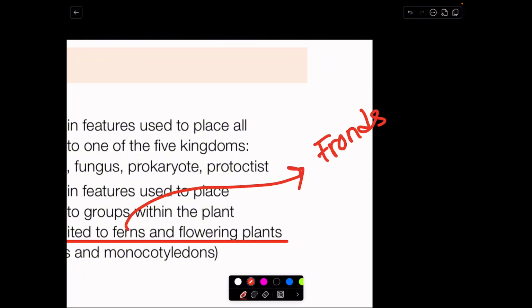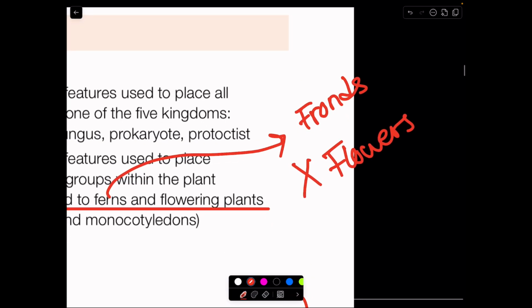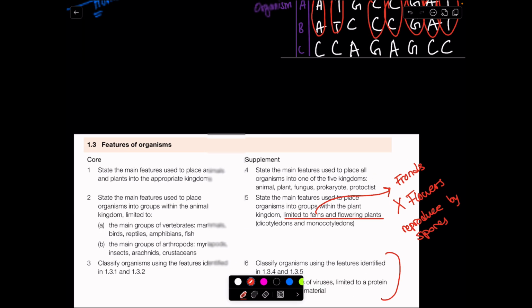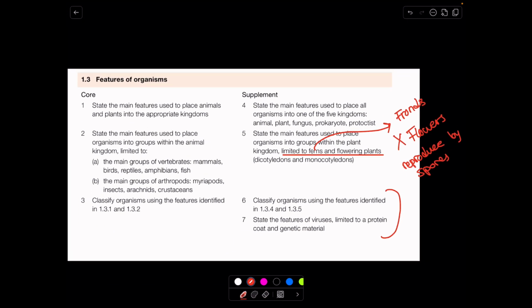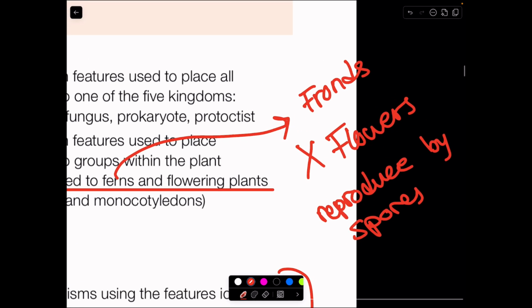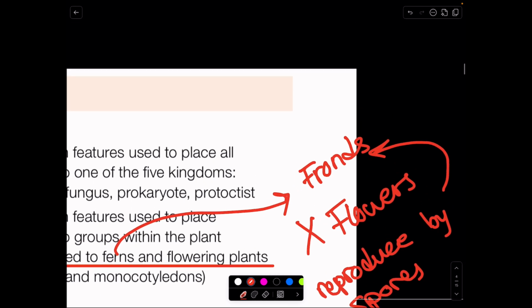Okay, so no flowers, and they reproduce by spores. Okay, so I want you guys to remember this. They reproduce by spores, and by the way, these spores would be on the bottom of the fronds.